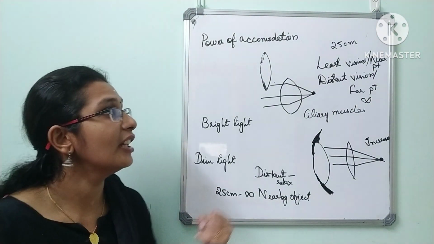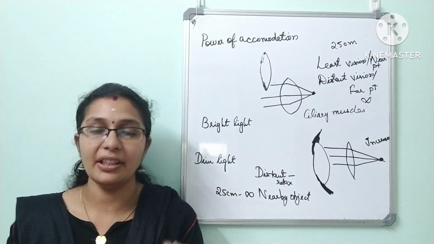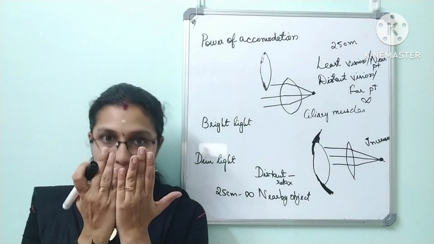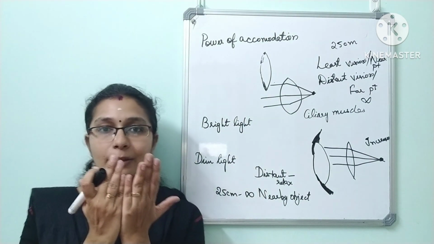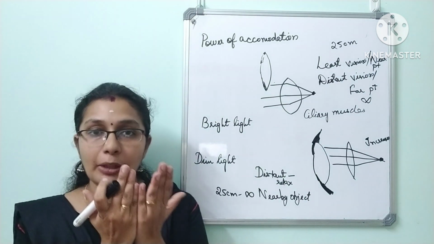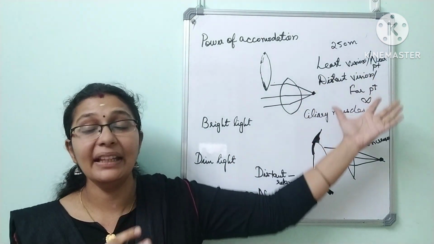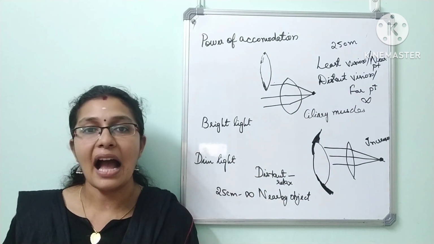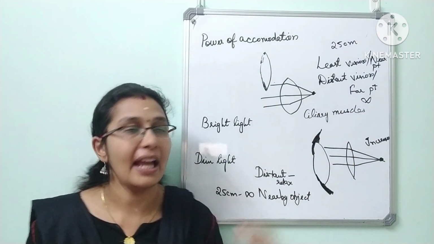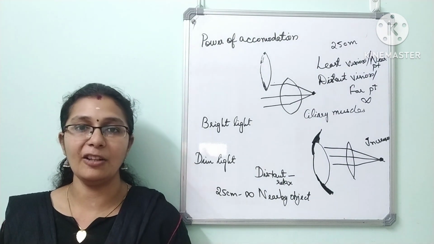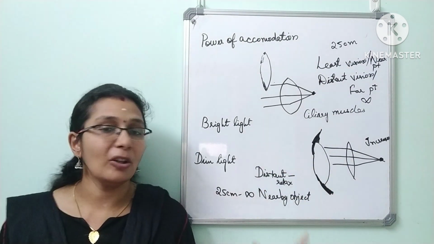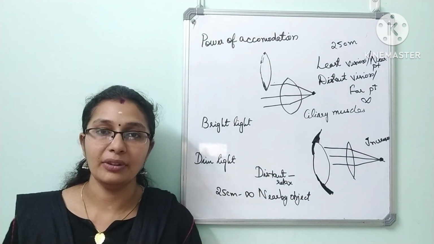Okay, just consider a situation less than 25 centimeter. That is, try reading your textbook by keeping it close to your eyes. Will you be able to see it clearly and read it? No, right? So that is the minimum distance up to which our eye can see an object clearly, and the far distance is infinity. Okay, so these are all the things that you have to know about this.